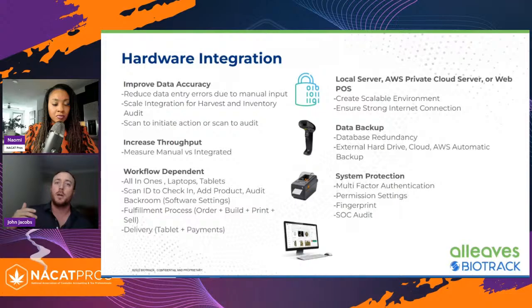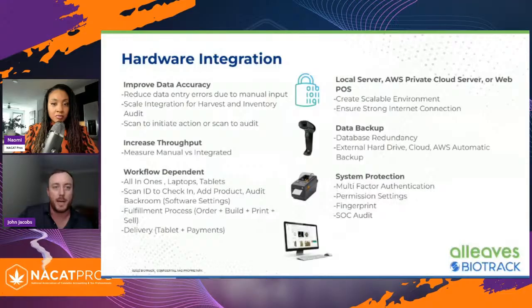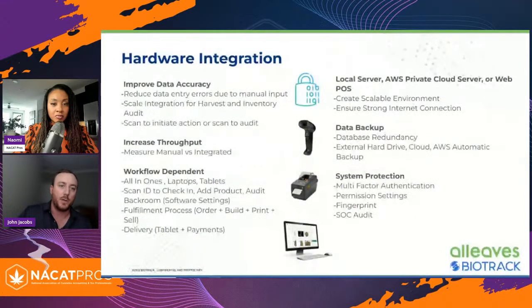So in order to get accurate data on the back end, you need accurate data on the front end, and the hardware integration really helps that. So, throughout, you'll see where different pieces of equipment could tie in.